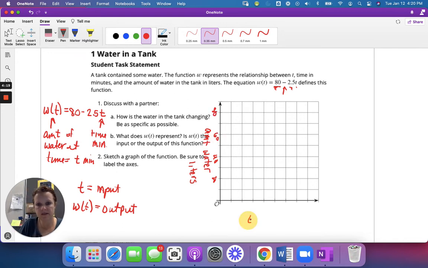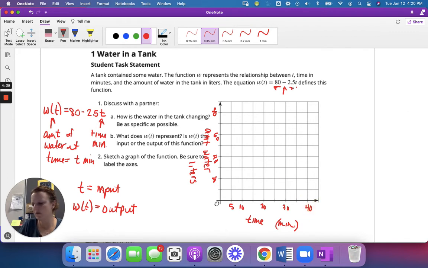And here is time in minutes. So 5, 10, 15, 20, 25, 30, 35, 40.